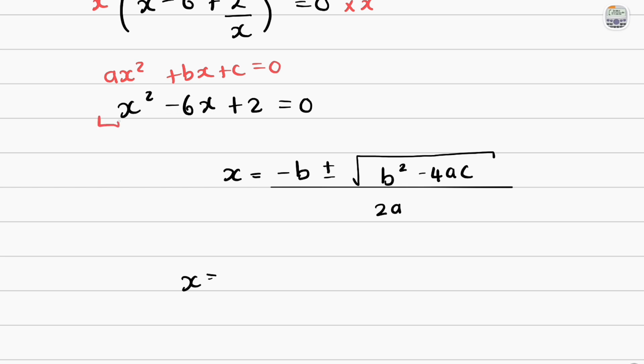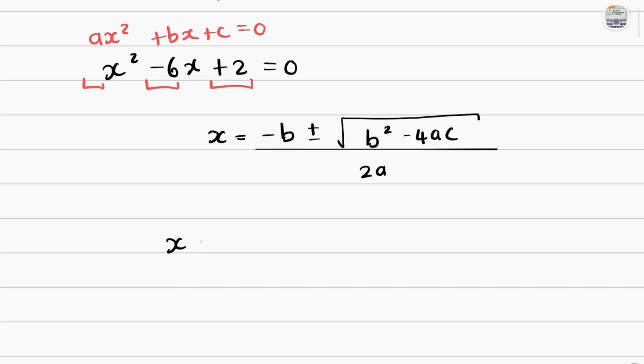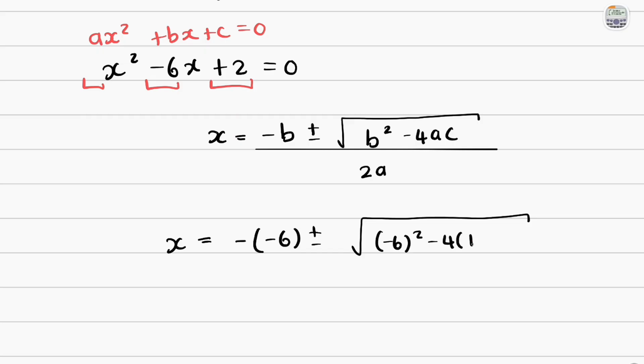So we can see that the value of a is 1, value of b is negative 6, and c is 2. So let's substitute. So this is x is equal to negative, and we have negative 6 plus minus the square root of negative 6 all squared minus 4 times 1 times 2, and then all over 2a. So 2 multiplied by 1.